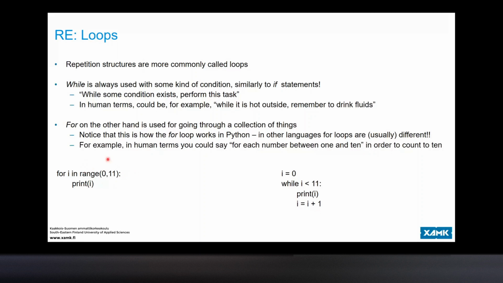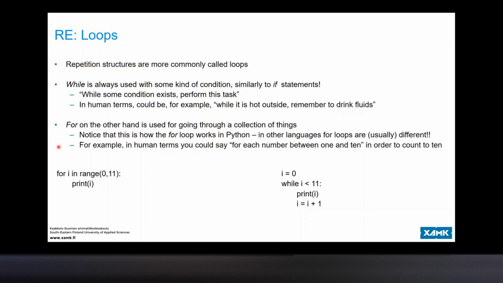So for example, saying range from 0 to 11 gives us the digits from 0 to 10. And then we simply say for i in range, i is a variable that gets assigned a value, and then we can use i inside this loop structure. Okay, so those are the things that we know already.